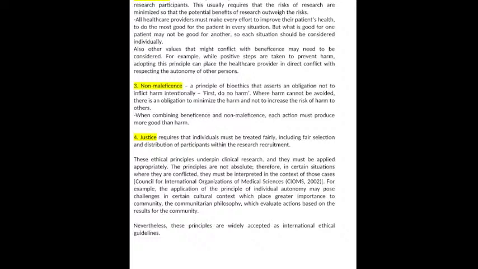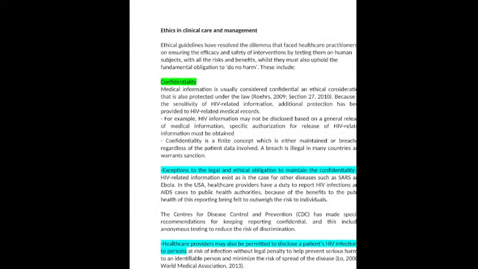Some of these principles have challenges due to cultural issues. There are certain cultures that might say, in our culture, this is not allowed, or other people might say, in our community, this is not important. So there are challenges surrounding application of some of these principles, but nevertheless, they are widely accepted internationally.